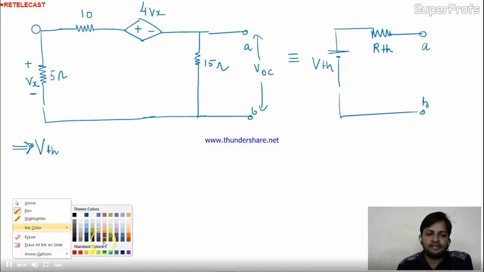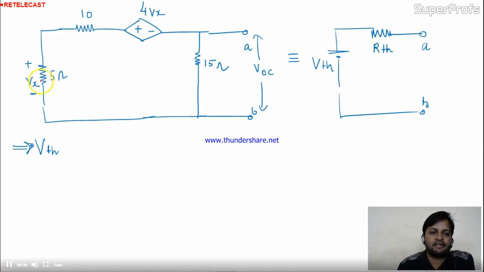Before that I'll see what are the parameters given in the circuit. The Vx is given across 5 ohm. It means the current is given in this. What is the current? Voltage divided by resistance. Vx by 5 is the current in the circuit, and the direction of the current is this, right?